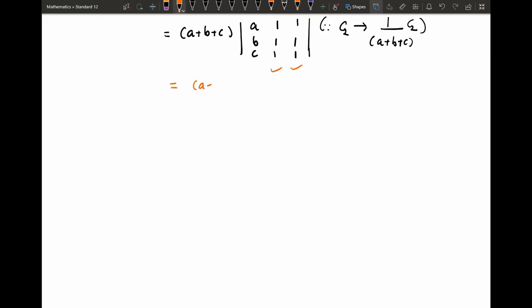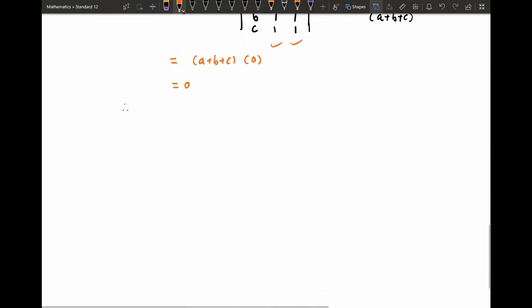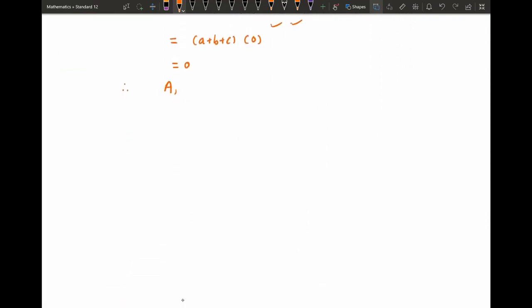So here a plus b plus c into 0, so the value is 0, and so the interpretation is, since the value of the determinant D is 0, therefore the 3 points A, B and C are collinear. Since we have shown that the value of the determinant is 0, that's why these 3 points are collinear.